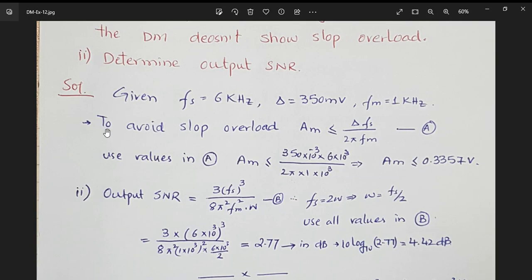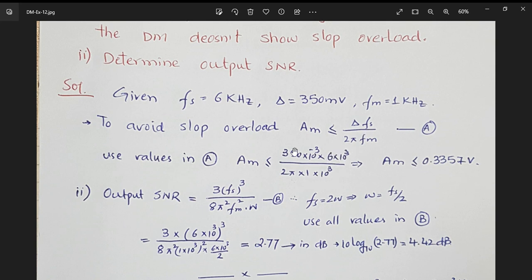So we know the condition to avoid slope overload: Am should be less than or equal to delta fs divided by 2 pi fm. All the values are given, so we just use those values in this equation. Delta is 350 into 10 raised to power minus 3, fs is 6 kHz, 6 into 10 raised to power 3, 2 pi is constant, fm is 1 kHz, so 1 into 10 raised to power 3.